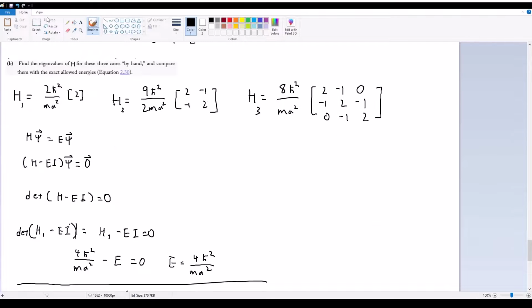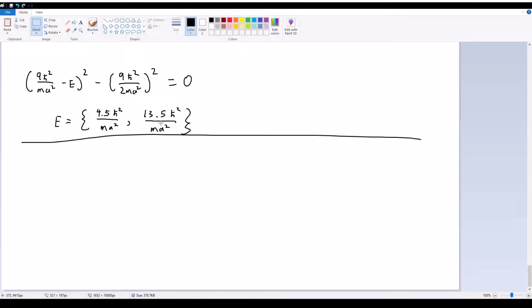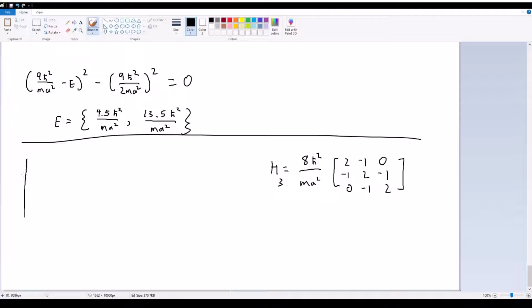Now let's bring out the n equals 3 case, which is going to be the most painful one to do. But if you are using Python like you should be for problems like this, it is also still trivial. My determinant is now going to be 16 h bar squared over ma squared minus E, and this term goes across all diagonals, so this goes down like that and then down like that.